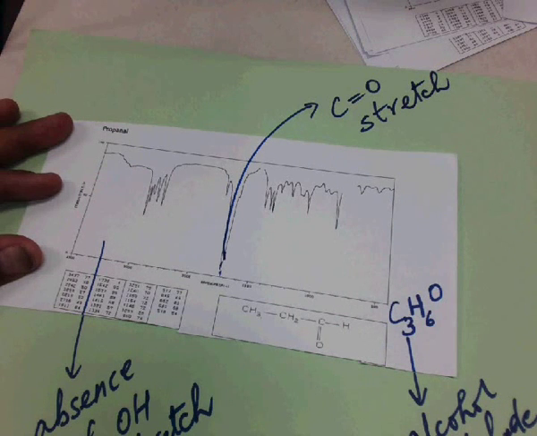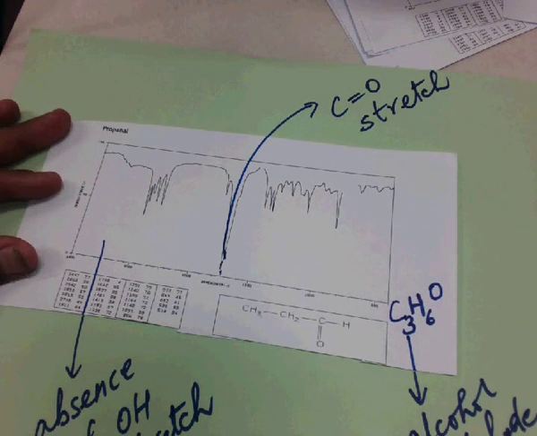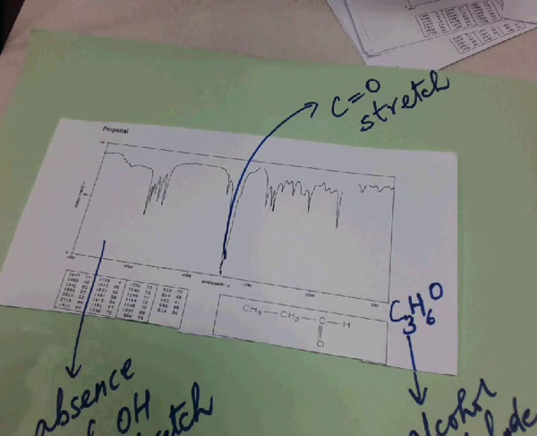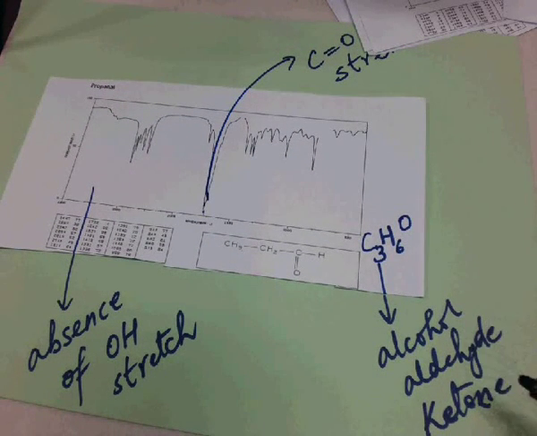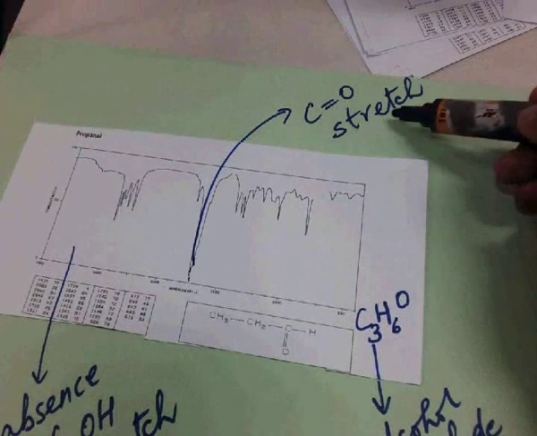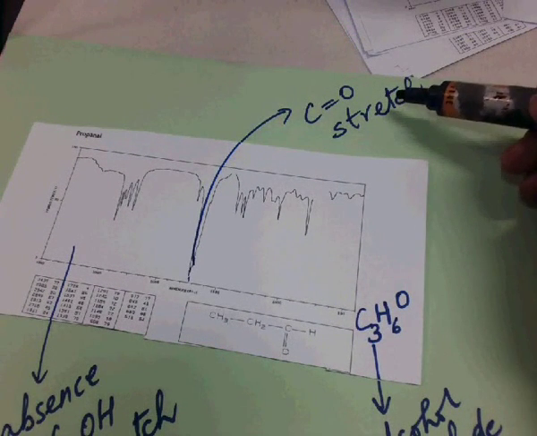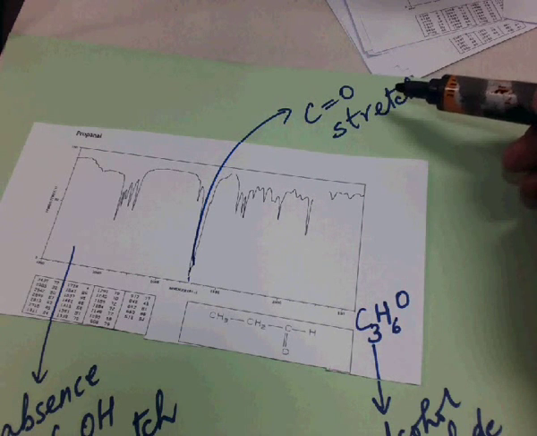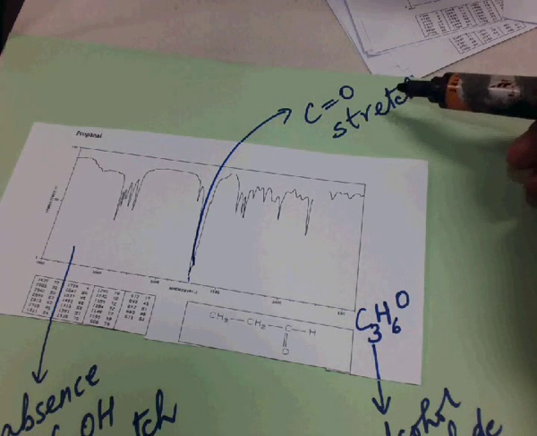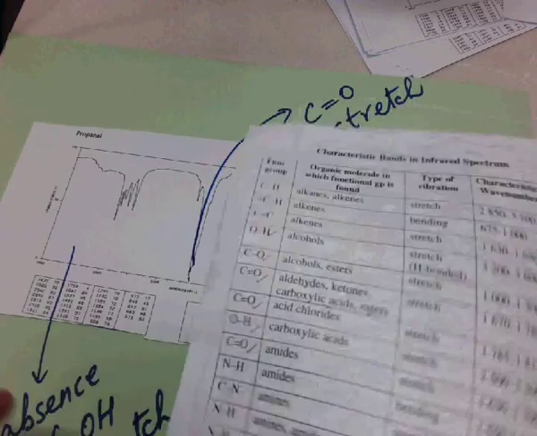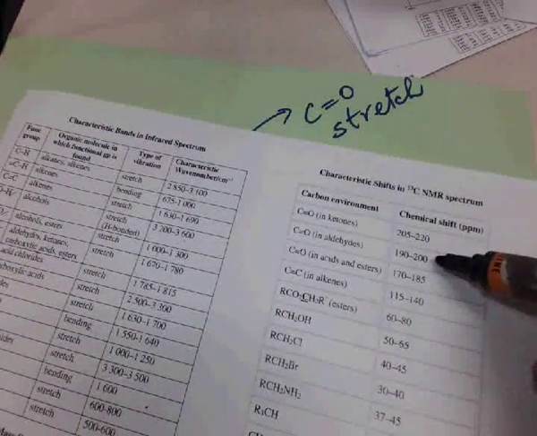Alright, so again your answer would include that we've eliminated that it's definitely not an alcohol. It could be an aldehyde or a ketone, and that's because it is a C double bond O stretch. You can only say very specifically that this is an aldehyde when you have the NMR spectrum also provided.